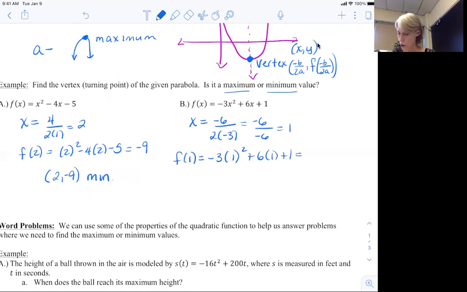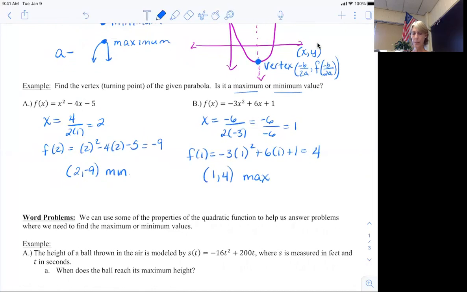And that answer should be 4. So the point 1, 4 is my vertex, my turning point on this parabola. And when I look up front here and I see that a value is negative, it means I have an upside down parabola. So that point (1, 4) is going to be the maximum value of the function.